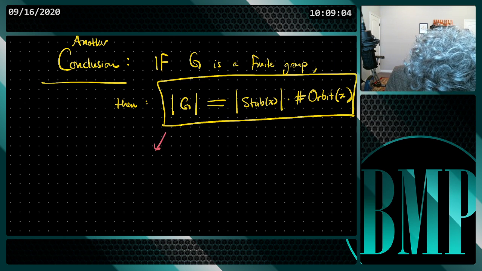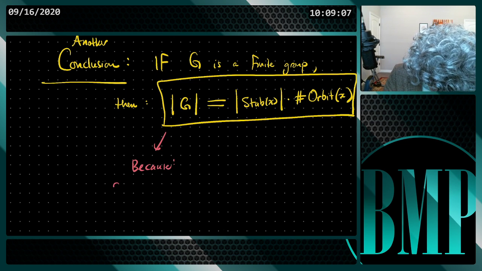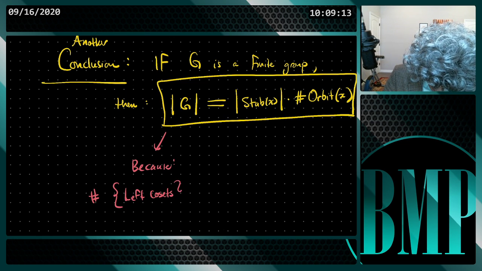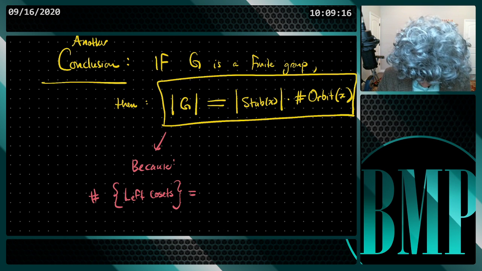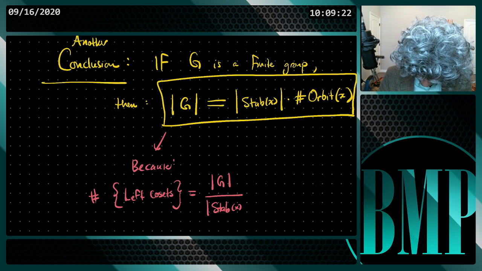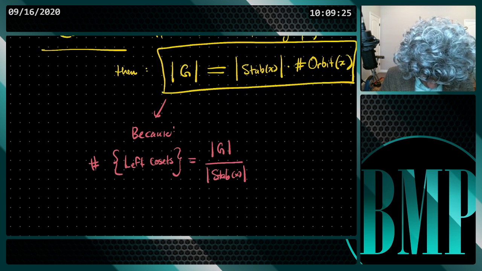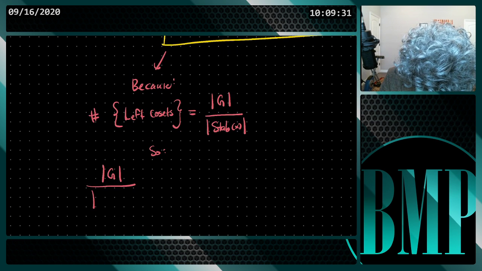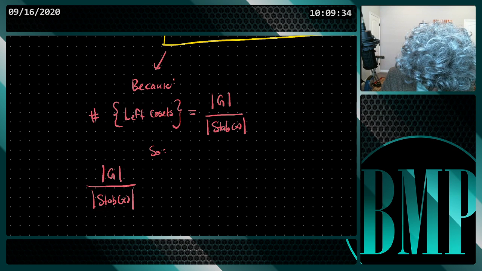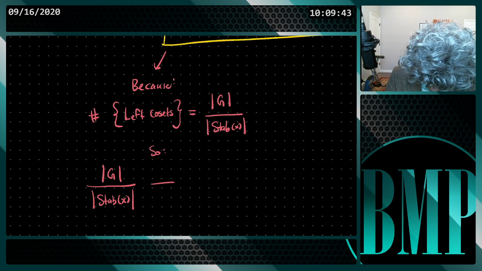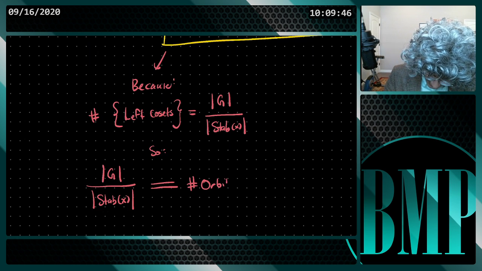So why is this? Because the number of left cosets is simply the ratio, also known as the index of the subgroup. And so the orbit stabilizer theorem says that these two sets have the same number of elements.